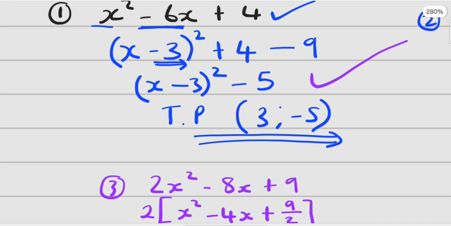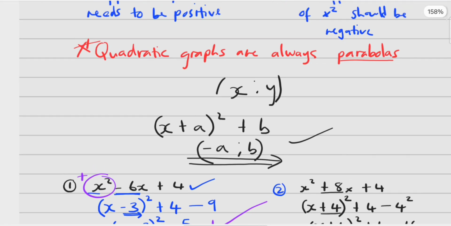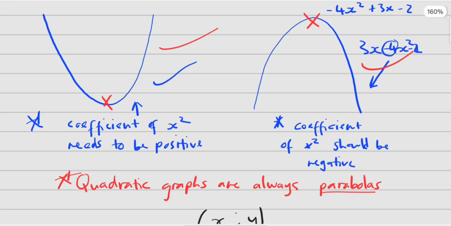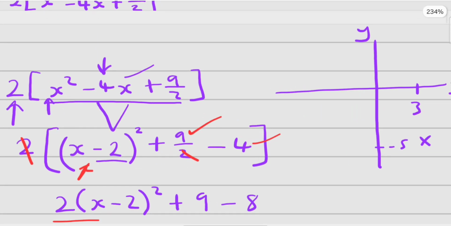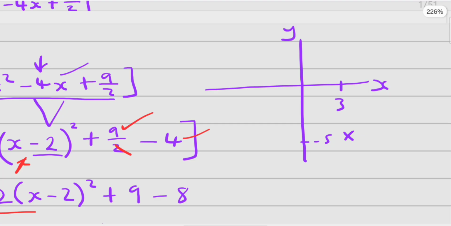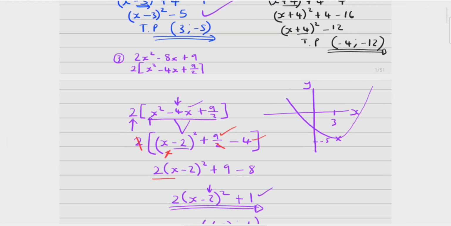Then we look at the coefficient of x squared. Yeah, we can see that it's positive, so this will be looking like this, right? So it's facing up. So then we just come here and we draw it like this, right? So this is how the general sketch will be looking like.